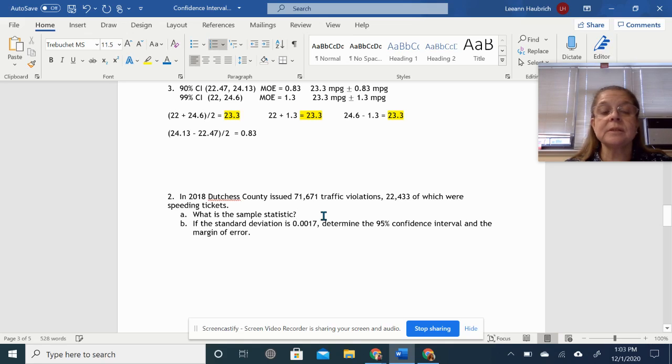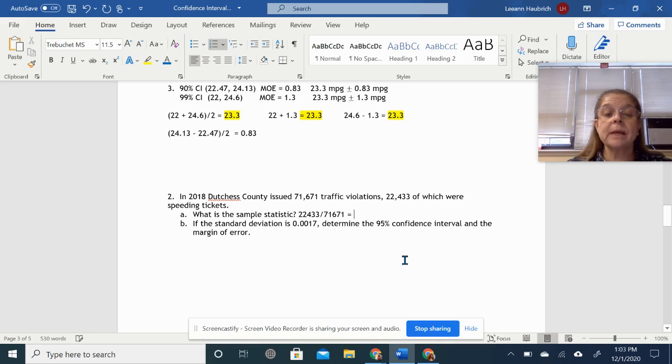Well, what is the sample statistic? So what you're going to put in the calculator is your part, 22,433, divided by the total amount, 71,671. That's a lot of tickets. And that's going to give you our sample proportion.